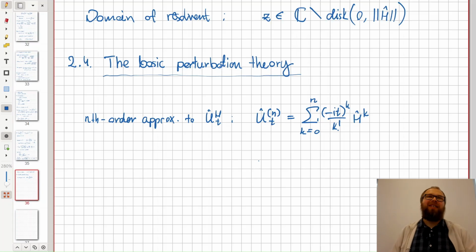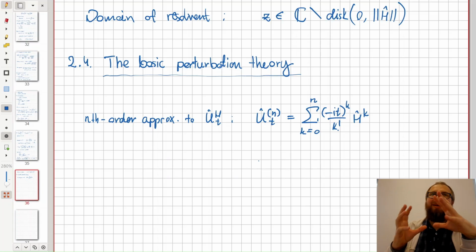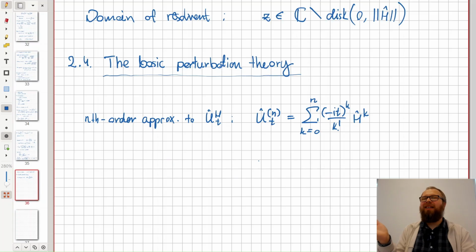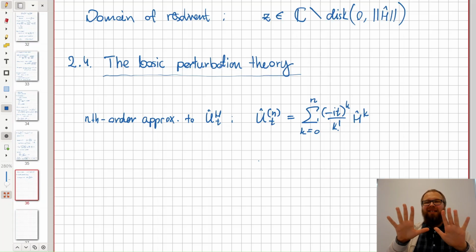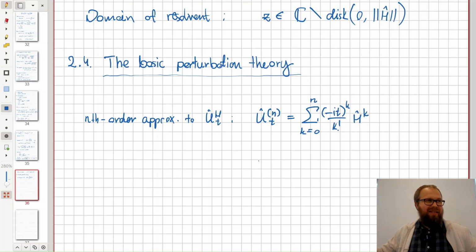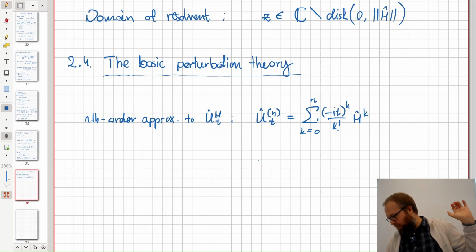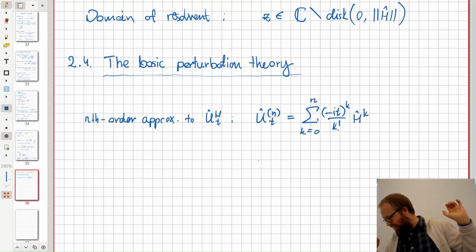So, a couple of things. For one, because this is a series that converges absolutely, we already know, by looking at the Cauchy criterion for convergence, that this means... how did I word it here? Yeah, I had this nice sentence here.